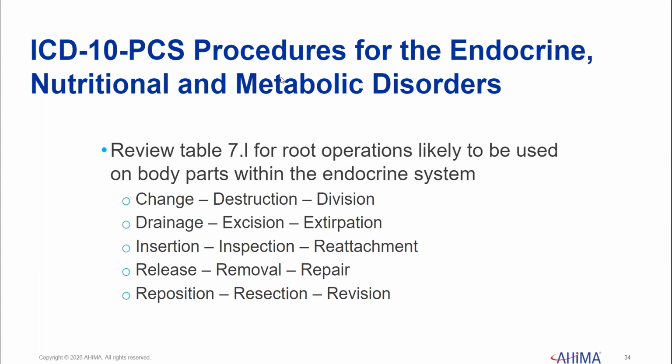This table will talk about the root operations that are most likely to be used on the body parts within the endocrine system. So we have change, destruction, division, drainage, excision, extirpation, insertion, inspection, reattachment, release, removal, repair, reposition, resection, and revision, right?